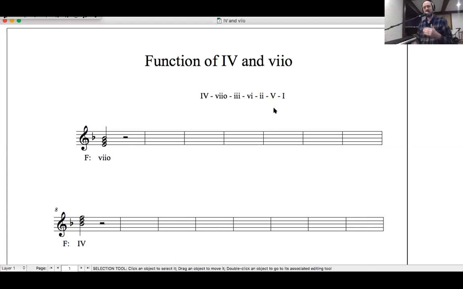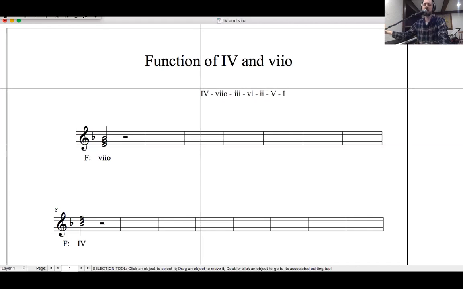We're not really moving at as much of a forward-looking pace as the whole idea of progression would suggest. So we want to see if we can find another place for 4 and 7 rather than on the front end of a long string of chords.